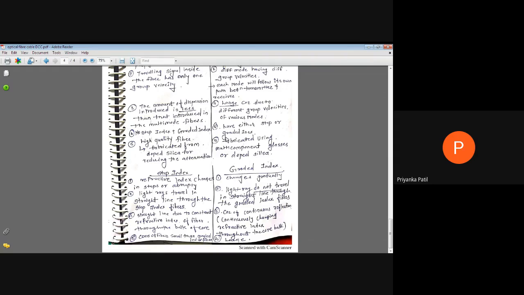But in the graded index fiber, the light ray does not follow the straight path because of the continuously changing refractive index throughout the core bulk. Therefore, it does not follow the straight line path for the transmission in the core. This is the basic difference between the step index and graded index fiber.